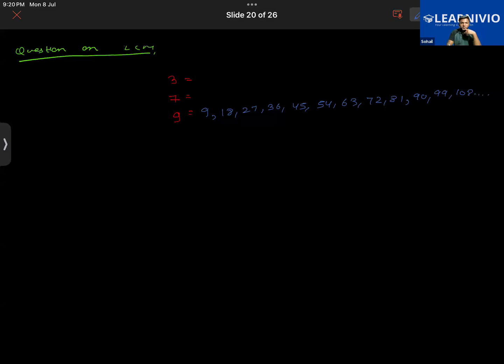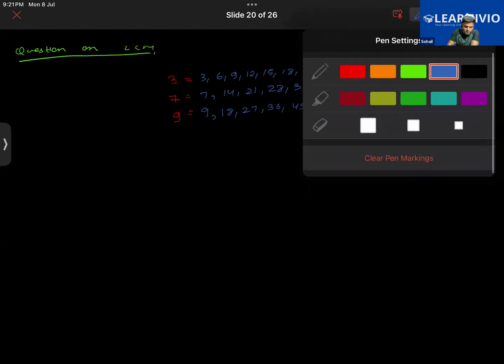Like this, we have written a sufficient number of multiples of 9. So we have to find the least common multiple, right? So I got the answer 63. 63, very good.